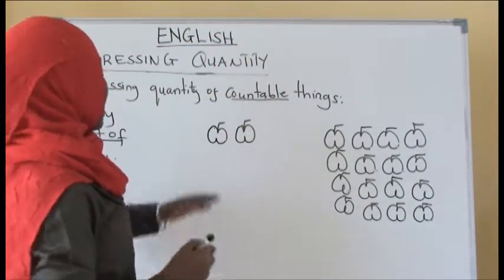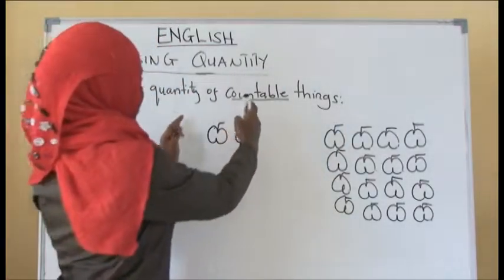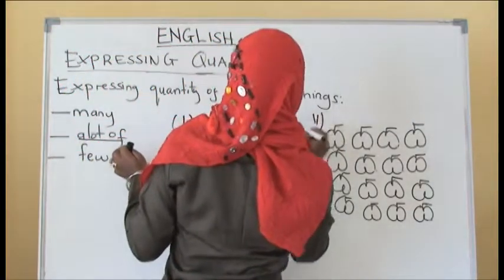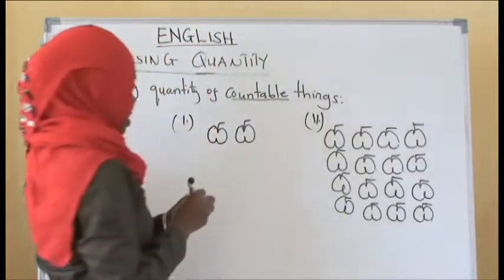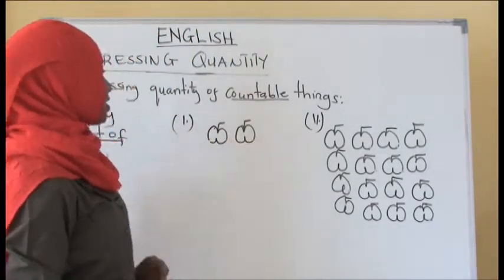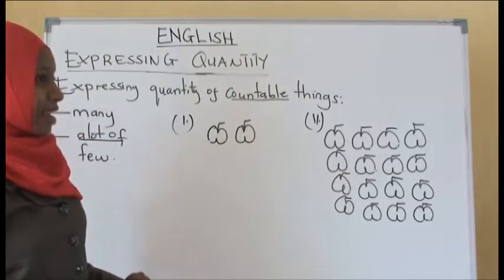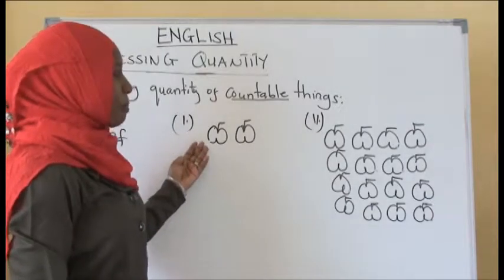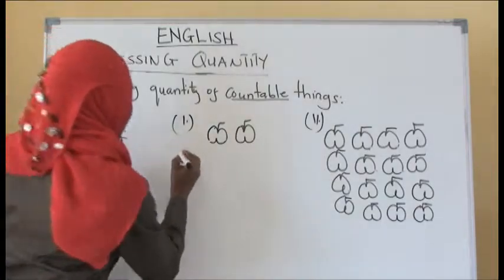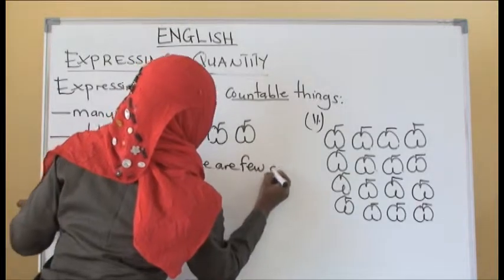So, if you are asked, how many apples are there? In this first side, let's call it number 1, and this is number 2. In number 1, if you are asked, how many apples are here? You will say there are 2 apples. Are they few or many apples? Because there are only 2, you will say there are few apples.